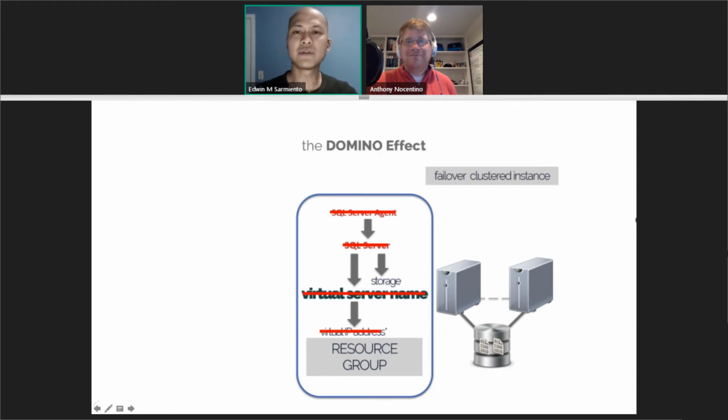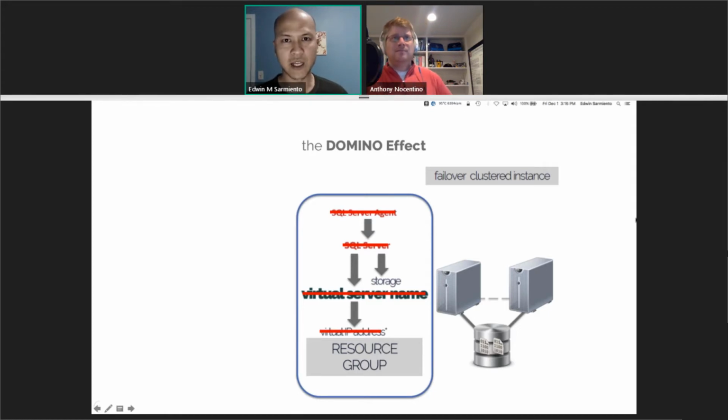You start from the top, and the top here refers to the virtual IP address. If that goes offline, good luck. Everything else will be taken offline. And this is something that you really need to pay attention to because even if there's nothing wrong with SQL Server, even if the database engine is healthy, no CPU, no memory, no network, nothing, no problems at all, it's humming fine, it's working as expected.